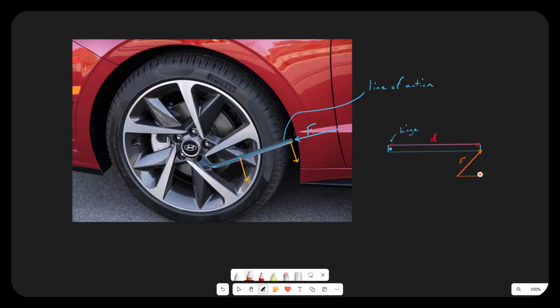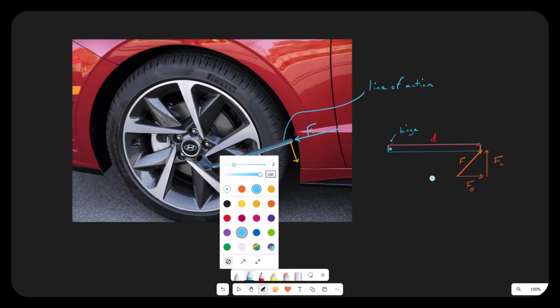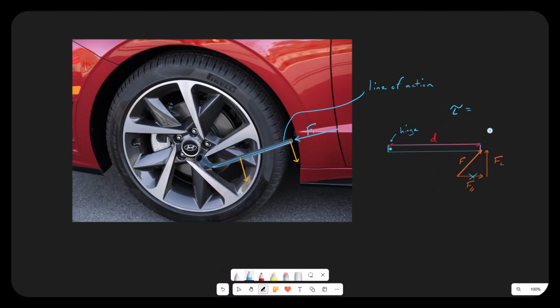I've got one that goes this way, that's like my parallel force, it's parallel to this red line, and I've got one that goes this way, that is my perpendicular force. The parallel force does me no good at all, doesn't do anything, so my torque is going to be equal to the perpendicular force times d.